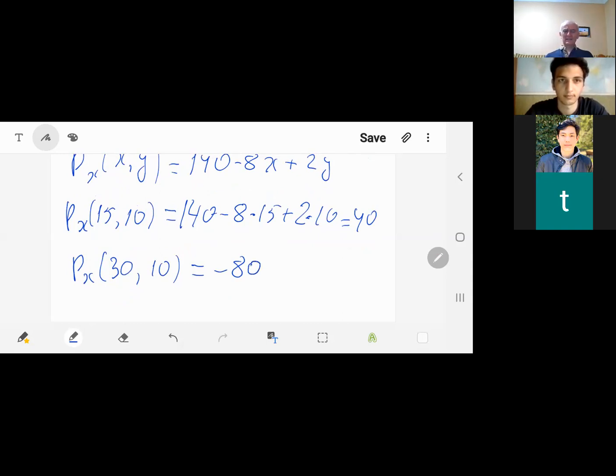Now, more interesting is how can we interpret this result?